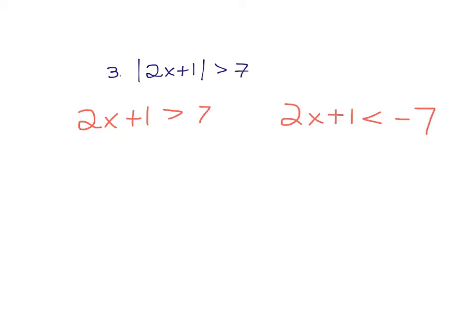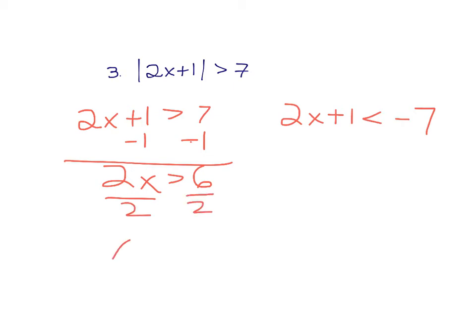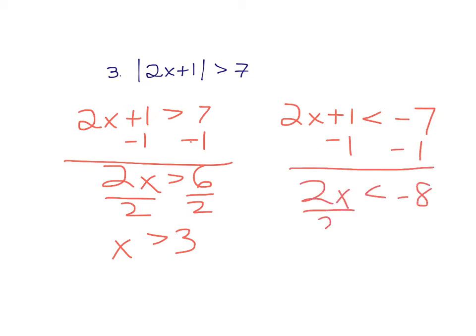And again, I need to solve. So subtract 1. 2x is greater than 6. Divide by 2. X is greater than 3. Subtract 1. 2x less than negative 8. Divide by 2. X is less than negative 4.